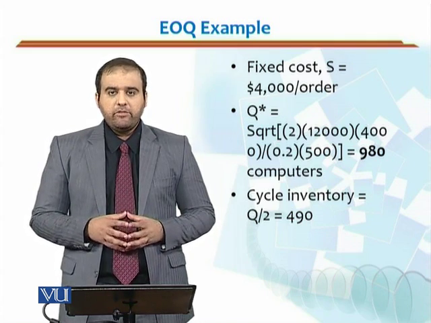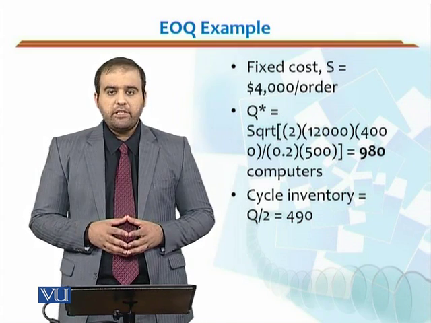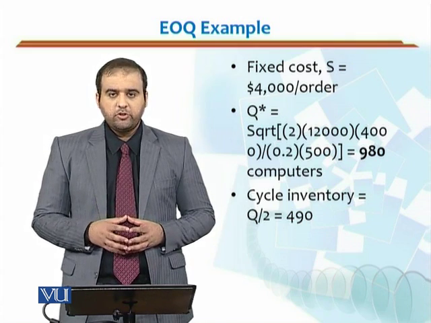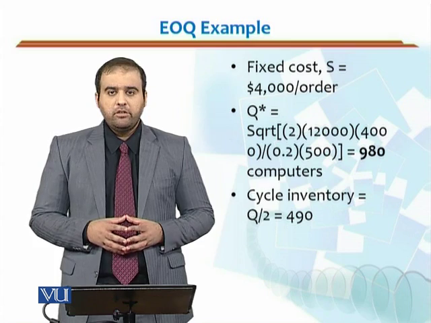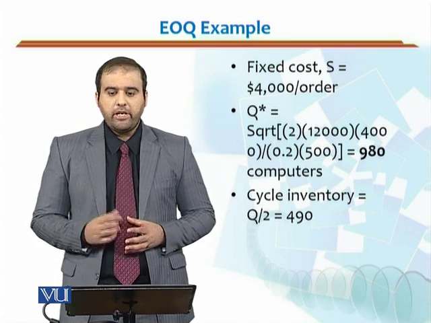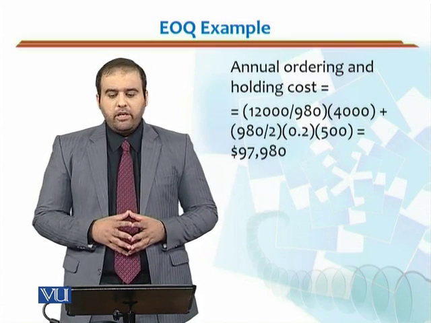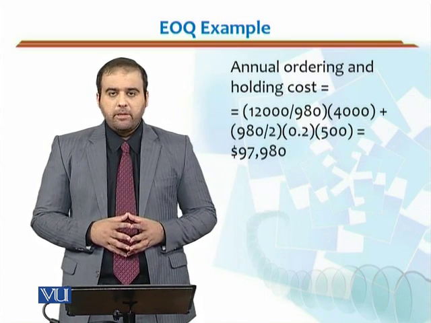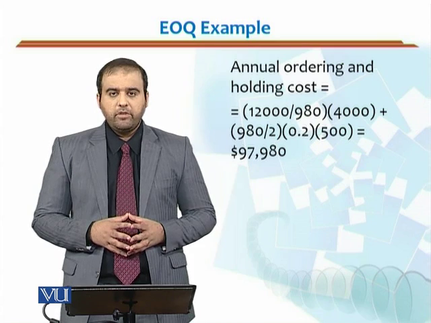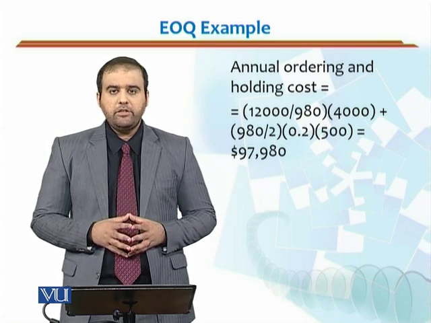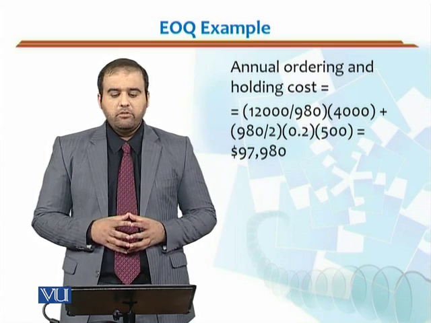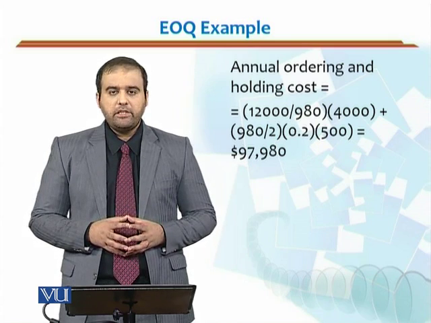So what would be the cycle inventory then? That was the average inventory, Q by 2. So if Q is 980, the average inventory would be 490. And what about the total cost? If you put the values in the total cost function, you will get 97,980.